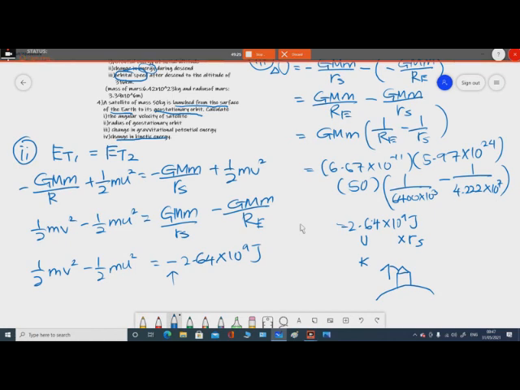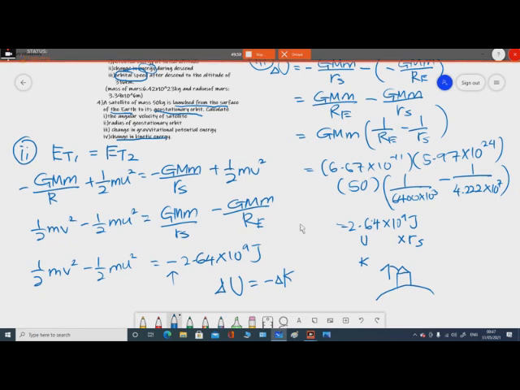It means that the gain in gravitational potential energy equals the loss in kinetic energy. So that is why we got a negative value for the kinetic energy.